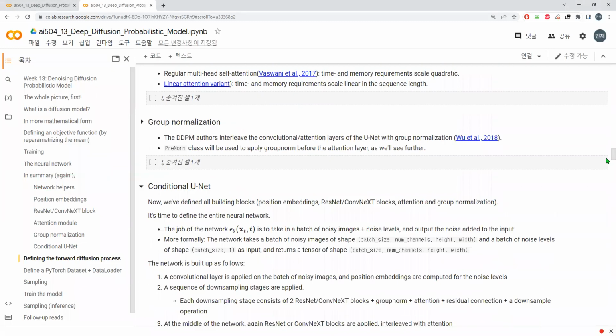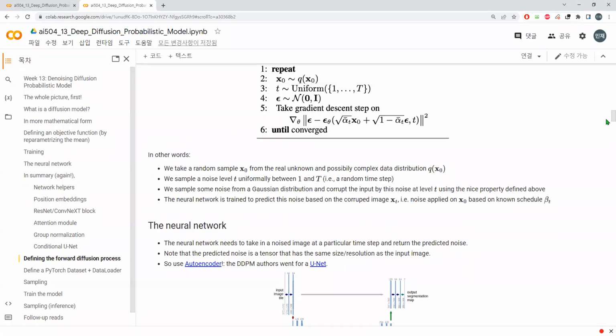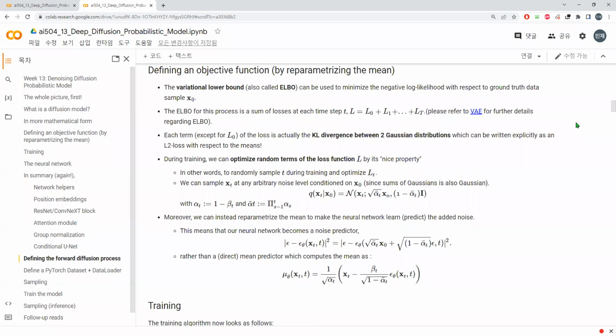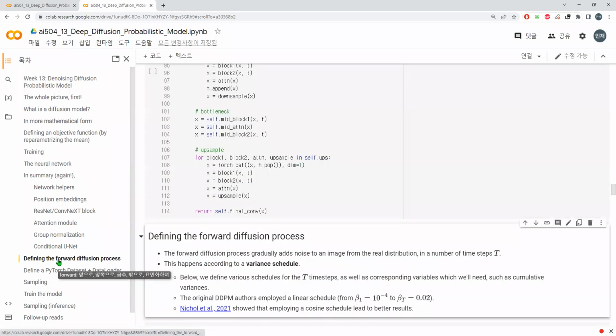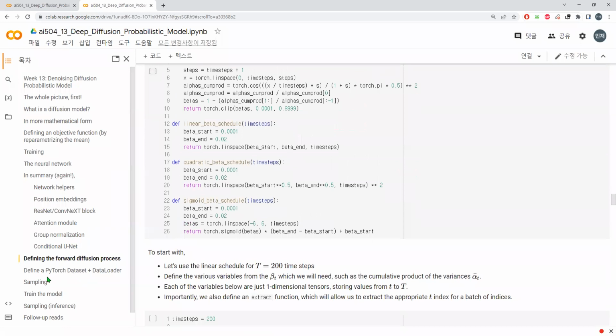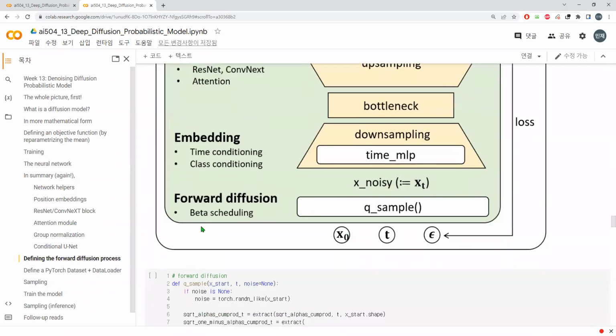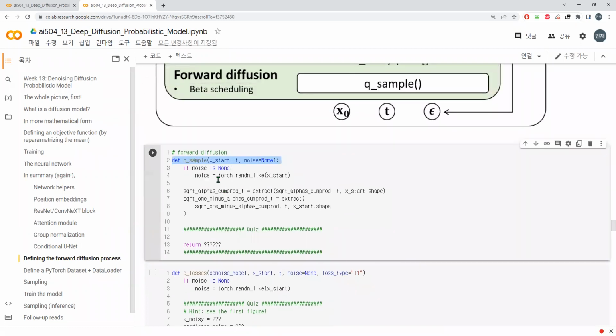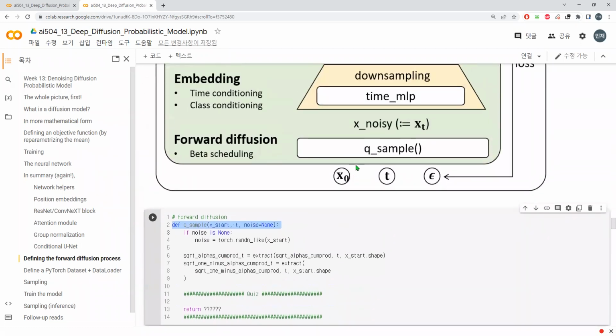Epsilon theta. So what we are trying to do here, in this Q sample function, what you have to do is output x noisy using x0 and t and epsilon.